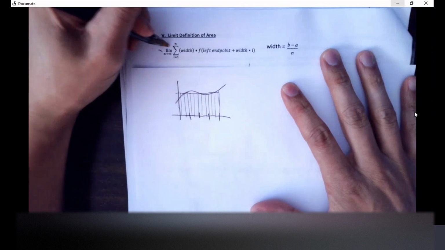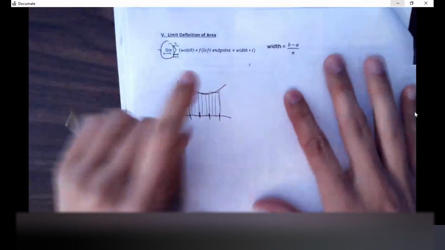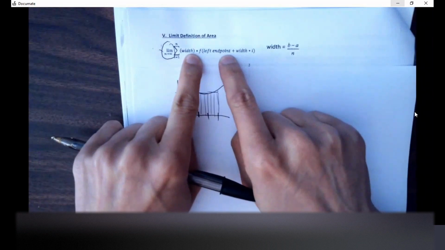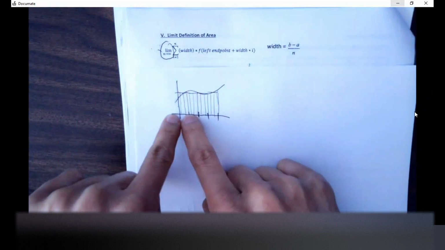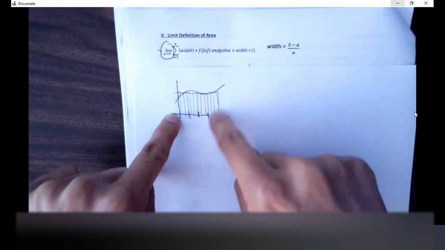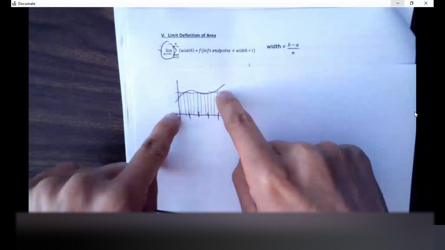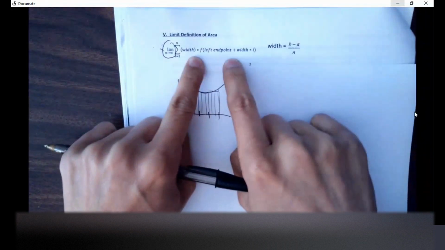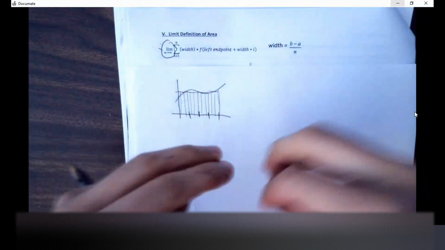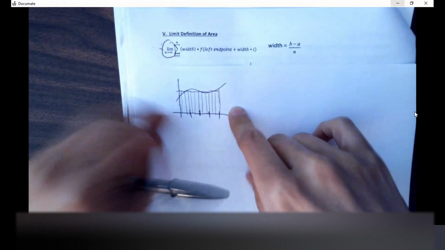We're going to push the number of rectangles out to infinity, but we have this little formula that will hit all the intervals and find all the heights, and we just have to work the formula. We don't have to look at every incremental value to find the width and height.